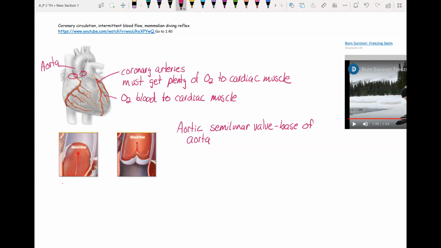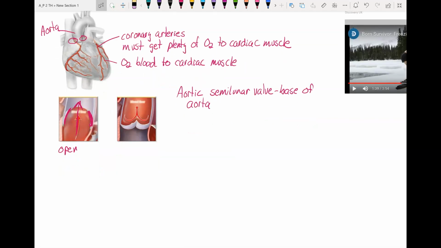So this picture shows it open. These flaps here are the flaps of the valve. And you can see it's open and blood is flowing through into the aorta. This is what happens when the ventricle contracts. And contraction is systole. So we'll go ahead and put ventricular systole. So the aortic semilunar valve is open during ventricular systole.